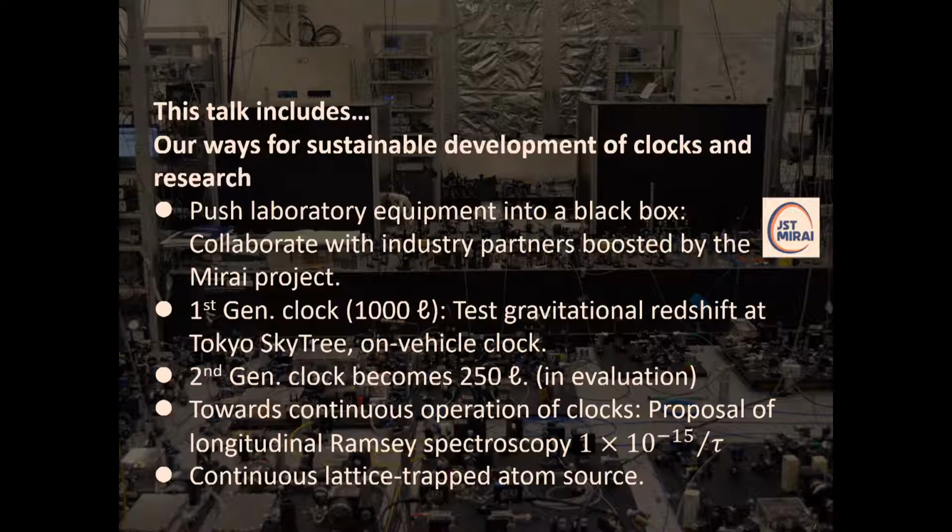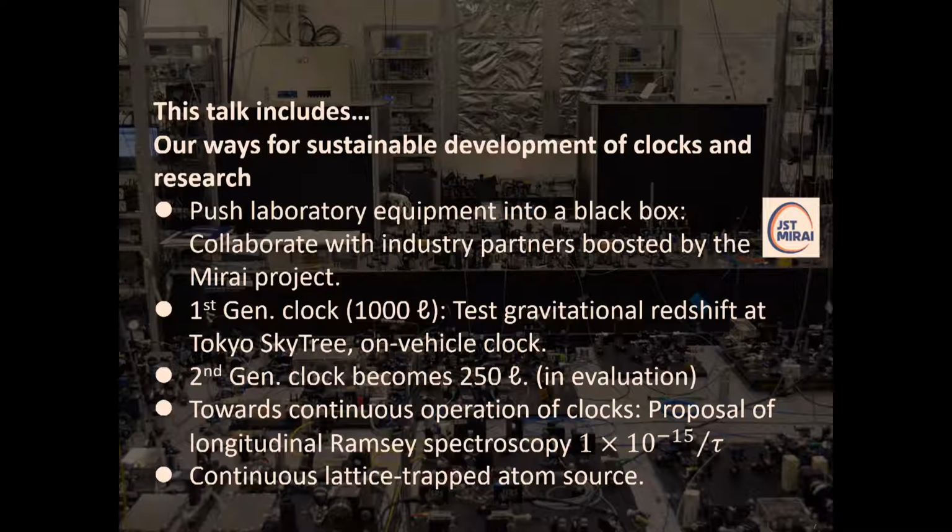We pushed our laboratory equipment into a black box in collaboration with industrial partners, boosted by the Mirai Fund project with the Japan Science and Technology Agency's budget. We call the first generation compact clock, whose volume is 1,000 liters.